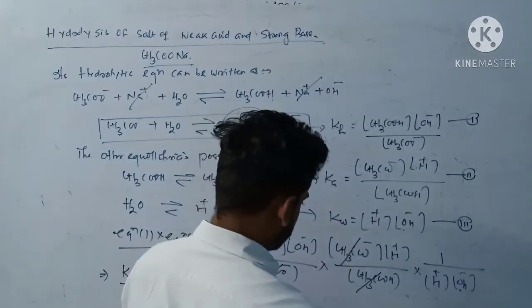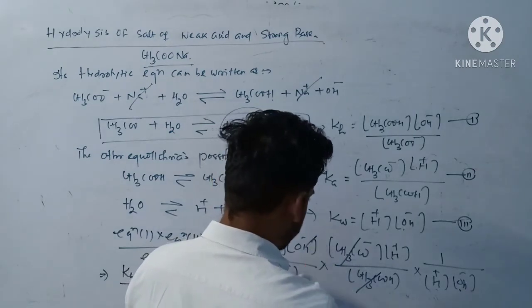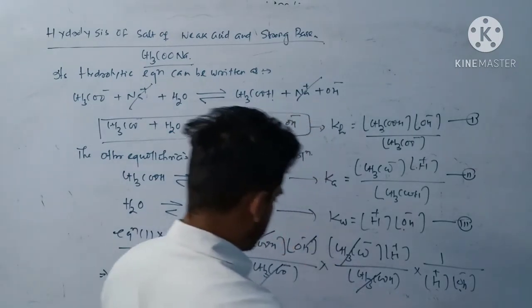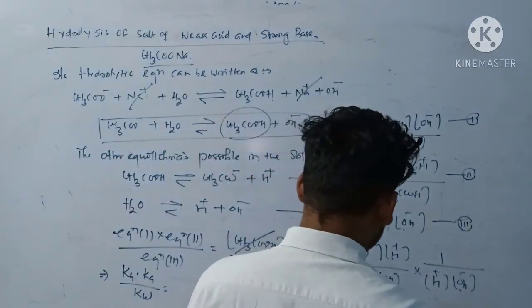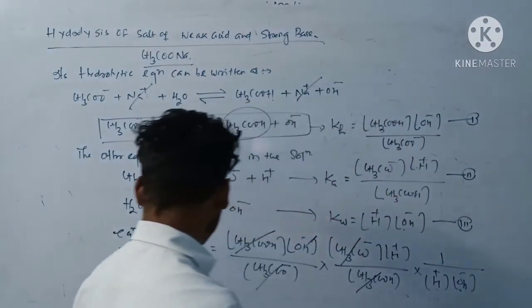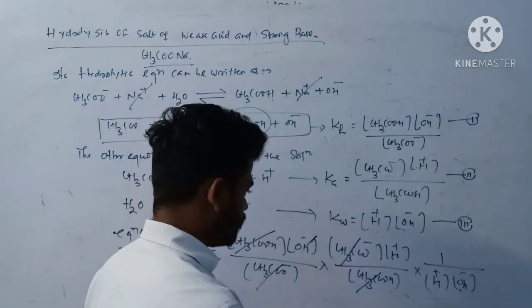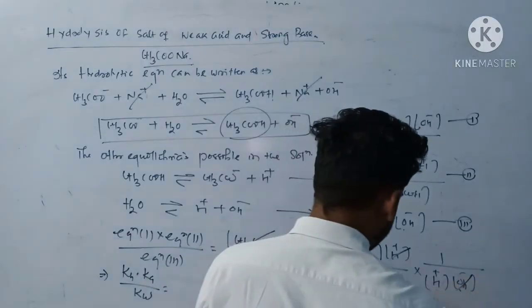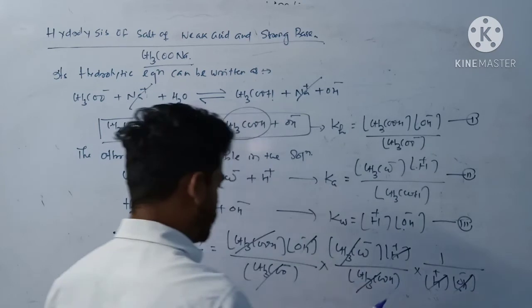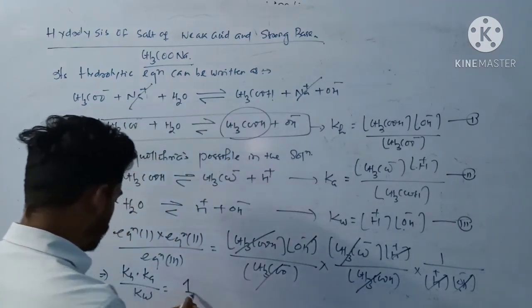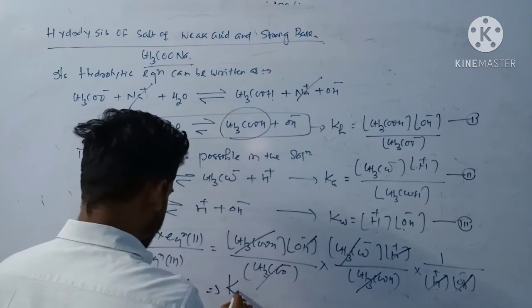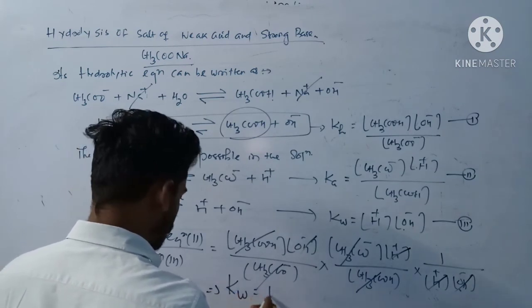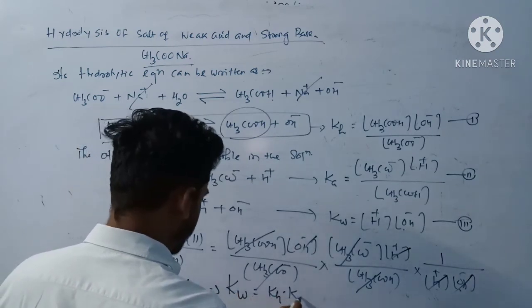Now, OH minus H plus, OH minus H plus, everything gets cancelled, so that is equal to 1. So that implies KW is equal to KH into KA.